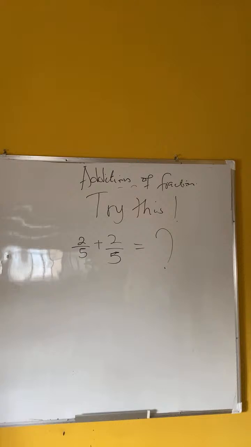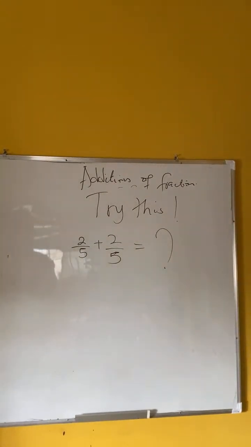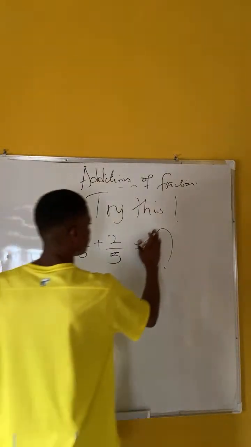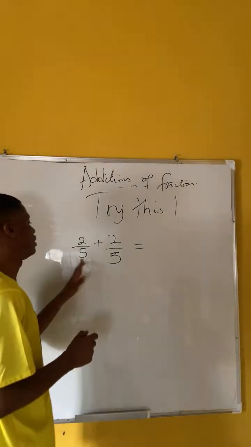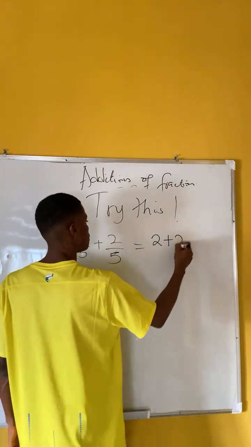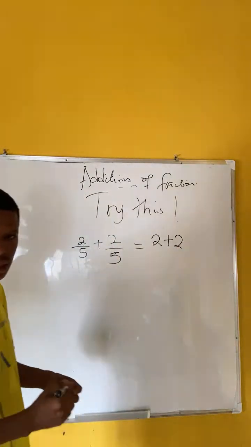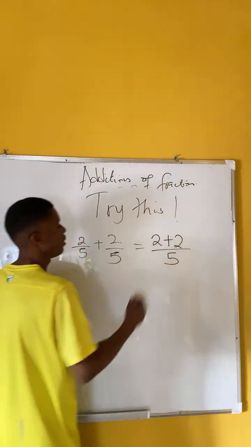Okay, so this is how we add fractions together. Adding fractions together is very, very easy. Let's look at this now. All you have to do is understand that the denominators are 5 and 5, so you just have to do 2 plus 2. Now I'm adding the numerators. 2 plus 2 over, keep the denominator the same, 5.